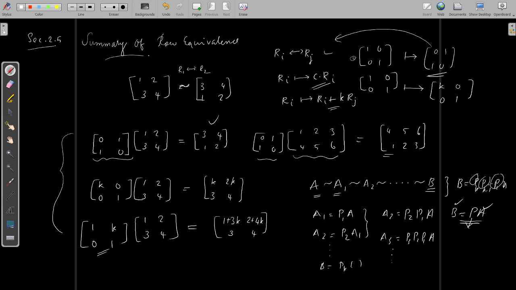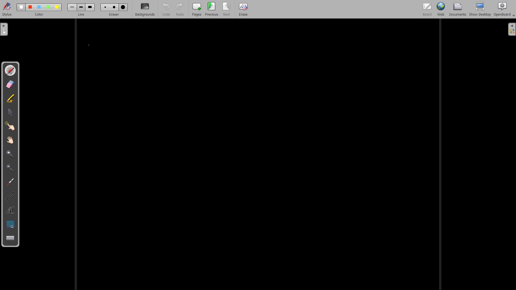In the next section we will discuss the importance of these equivalent matrices. Now consider a matrix A. It's an m by n matrix, and this belongs to F^(m by n). The set of all m by n matrices is denoted by F^(m by n) if it is over F, where F is a field.